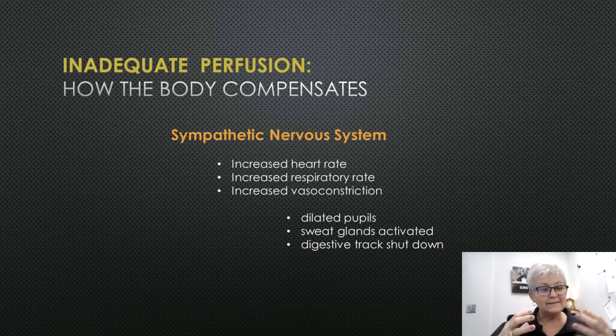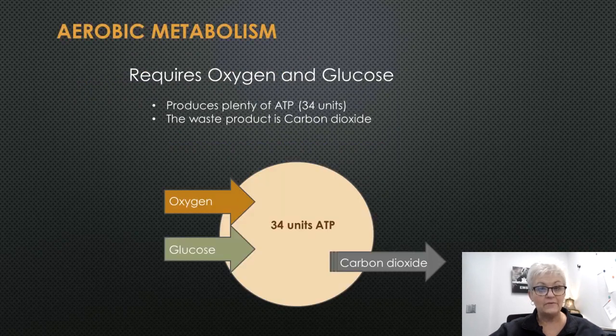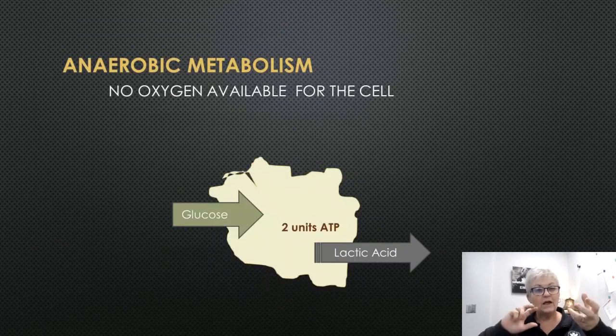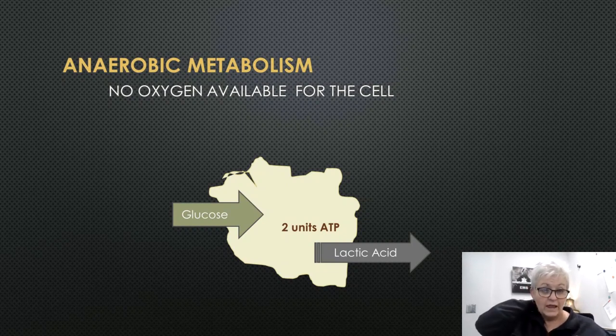All of that happens, and it's still not enough to get oxygen to the cells in the amount that it needs. When that happens, the cell reverts, okay? It continues to try and make energy, and really right now it's in self-preservation mode. It's only trying not to die, okay?